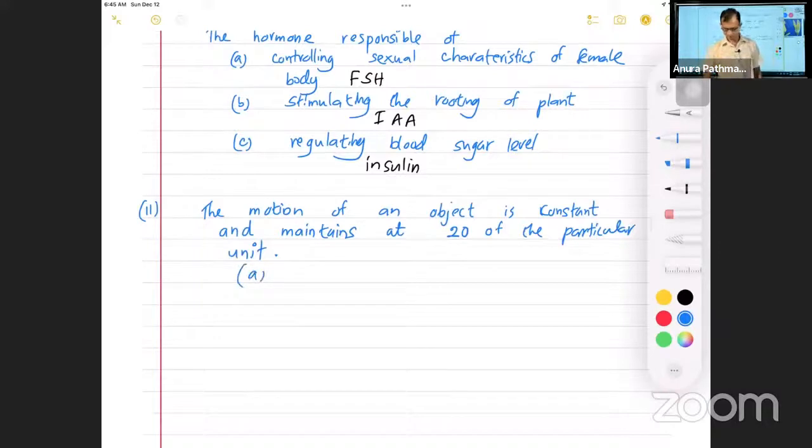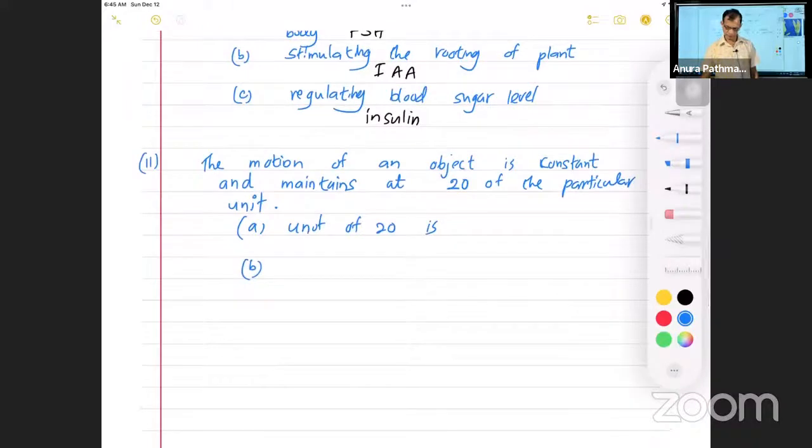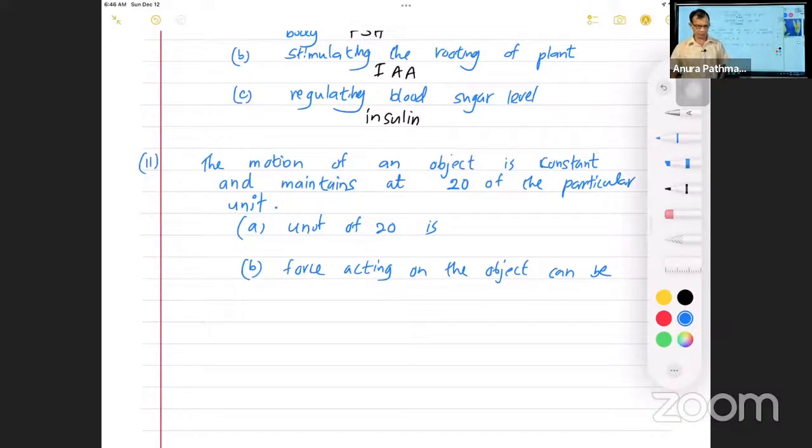A, unit of 20 is B, force acting on the object can be. The motion of an object is constant and maintained at 20 of the particular unit.